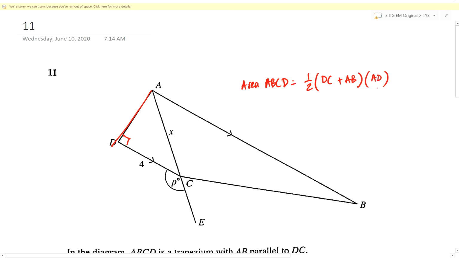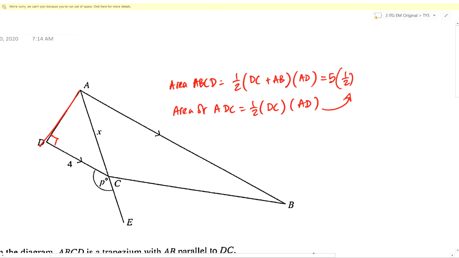The area of the triangle: they are telling us that the area of the trapezium is equal to 5 times that of the triangle. So let me just put down the area of the triangle in the same line, after I multiply by 5, DC times AD.